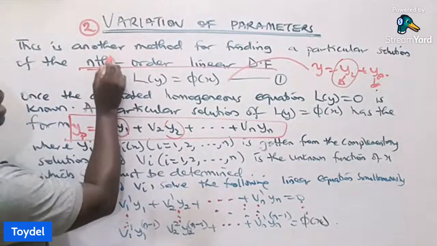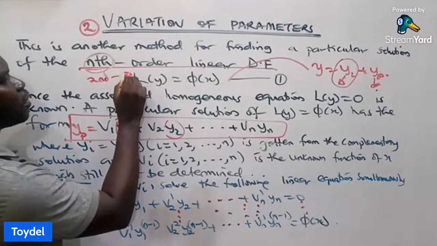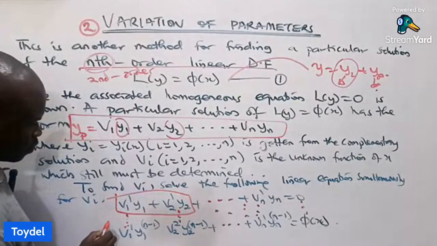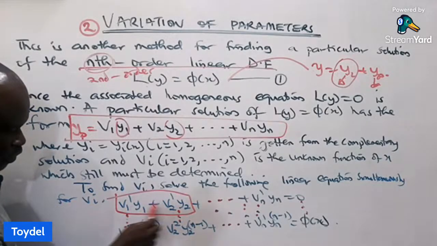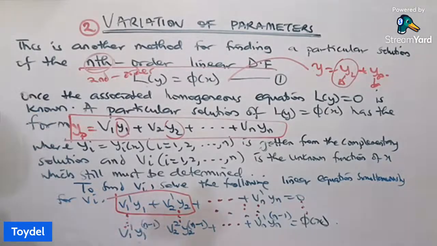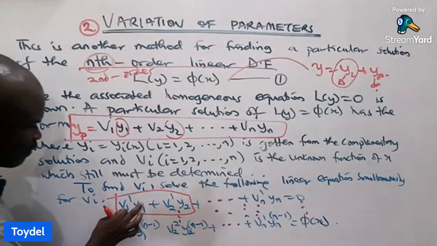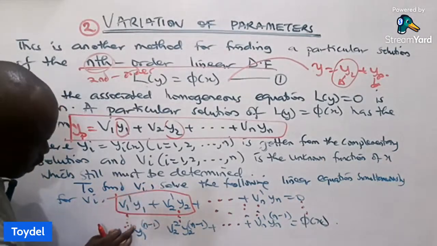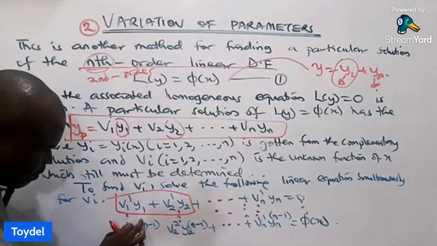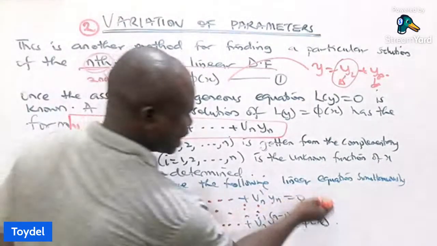If we have a second order equation, for instance, then we stop at these two. That is the first equation. Then the second one is when we find the derivative. In the first one we only have y prime here, but in the next one we are going to have y1 prime, y2 prime. Then at the last one, that's when we have the right hand side. We are going to put the right hand side here.